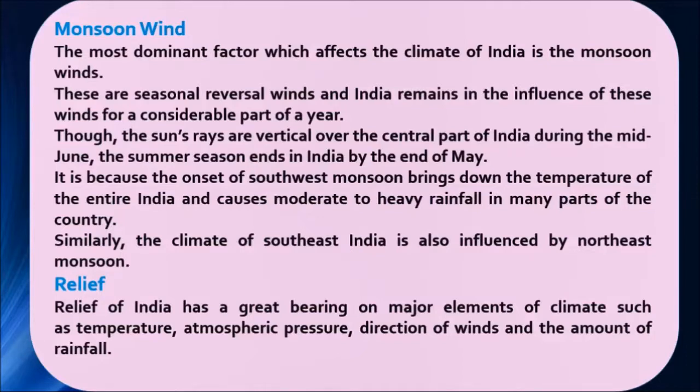They will be getting rainfall. So these are the climatic changes and conditions which show effects because of these monsoon winds, those winds which are coming from the rainy areas to these areas. The summer season also lasts until the month of May.